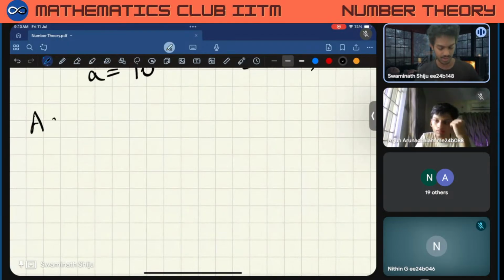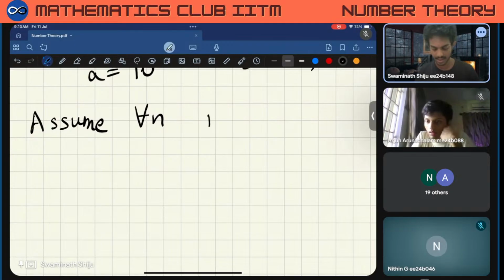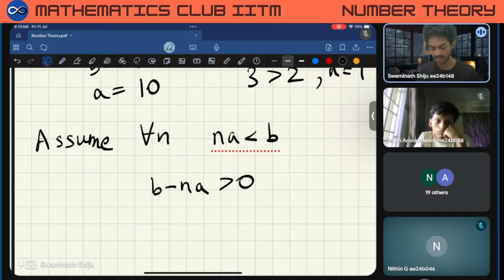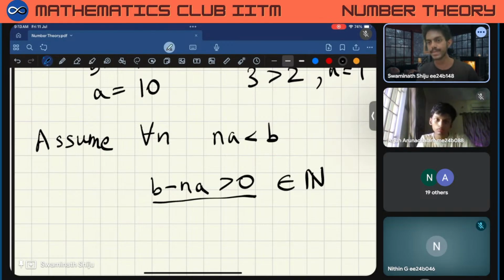First we assume for all n, na is actually less than b. Now what does this mean? This means that b minus na is greater than 0. That is a positive integer, for all n.